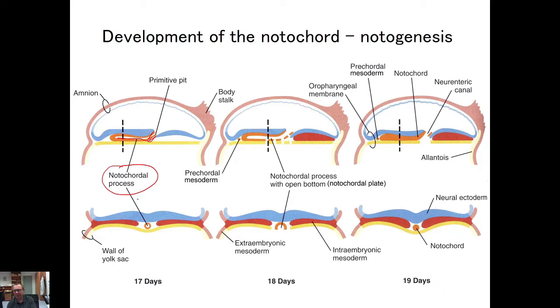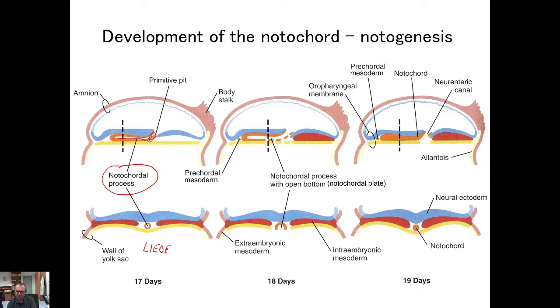At the beginning it is a solid cord of cells, but a lumen is developing inside. So in cross section, it is then a hollow structure. This lumen, this channel in the center of the notochordal process, is called Lieberkühn's channel. I write it. Lieberkühn.